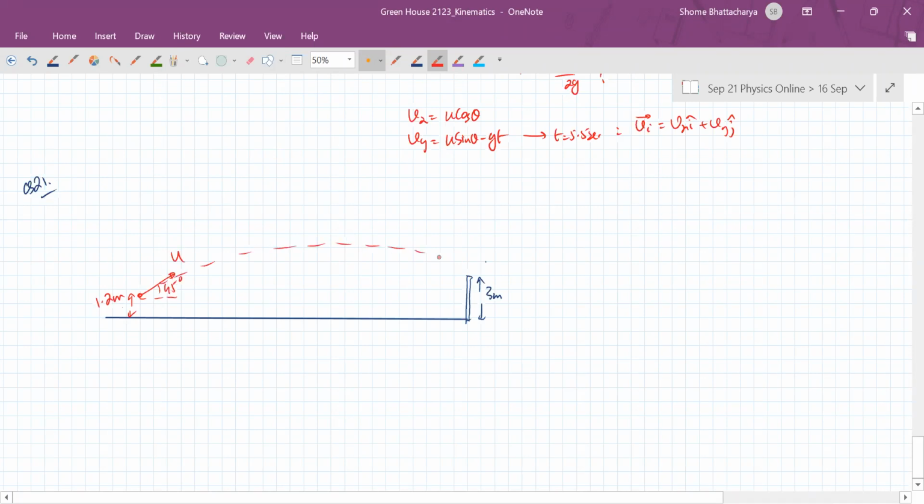Now, it clears the wall means that we have to assume that it just about touches the wall top. Okay. So this is the thing.